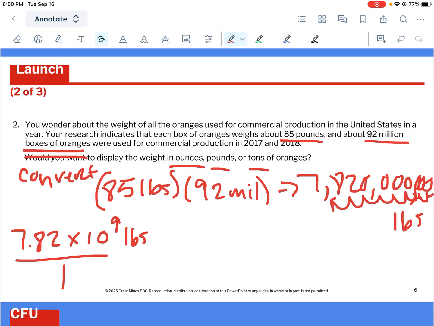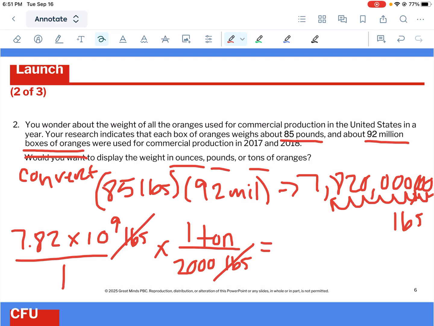Now going from pounds to tons, there's 2,000 pounds in 1 ton. Ton is going to be our numerator because that's what we're trying to get to. We're going to put 2,000 pounds on the bottom so that those pounds can cancel out. All right, that'll leave us with a value for tons.